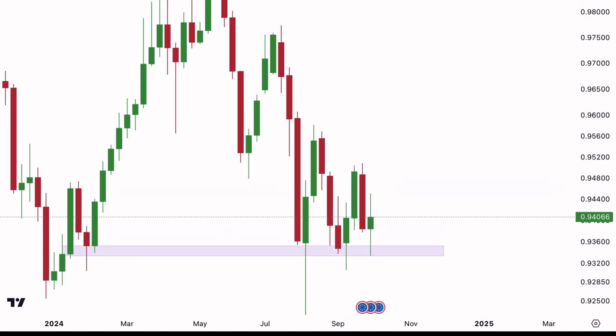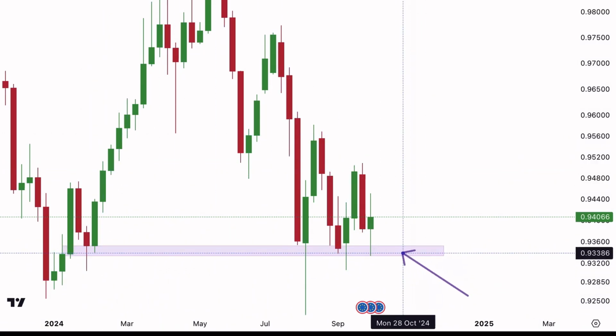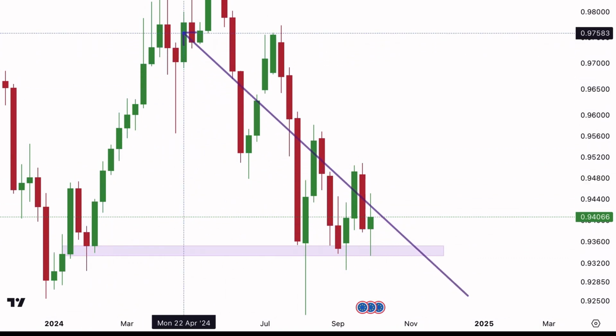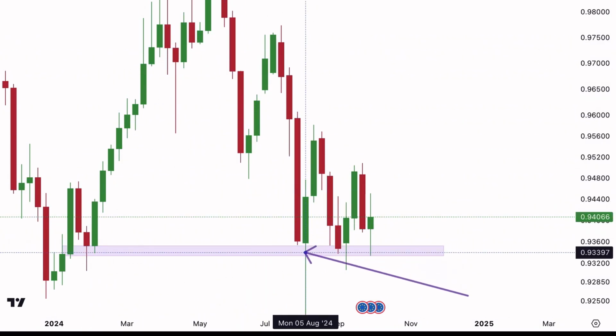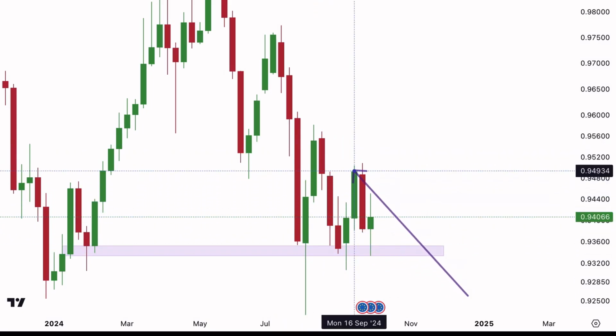I'm looking for sells. The structure on the daily time frame is a bearish structure, so I'm looking for sells. But as you guys can clearly see, the weekly time frame is at a strong support level. Price came to this support level right here, had a big push to the upside, came back down, found support, went back to the upside, came back down, found support again, went back to the upside.